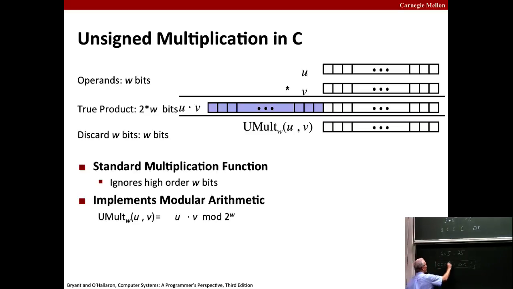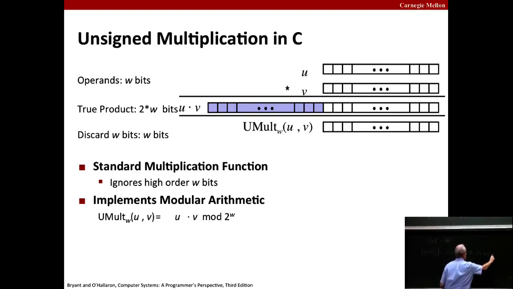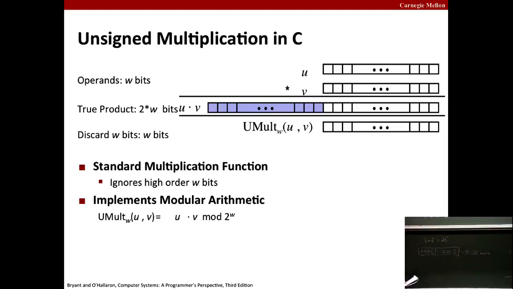And I'm going to throw this part away, and so I'd call that 9, which, of course, is equal to 25 mod 16. And so that's the general idea: regardless of whatever is in this upper part of the word, the product, I'm just going to discard that and only look at the lower one.